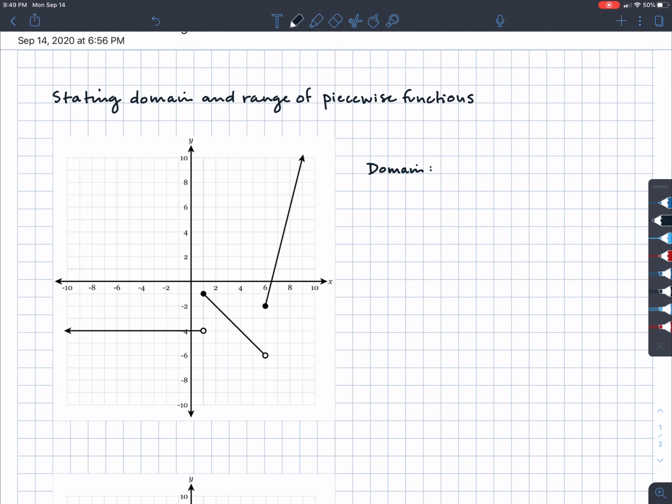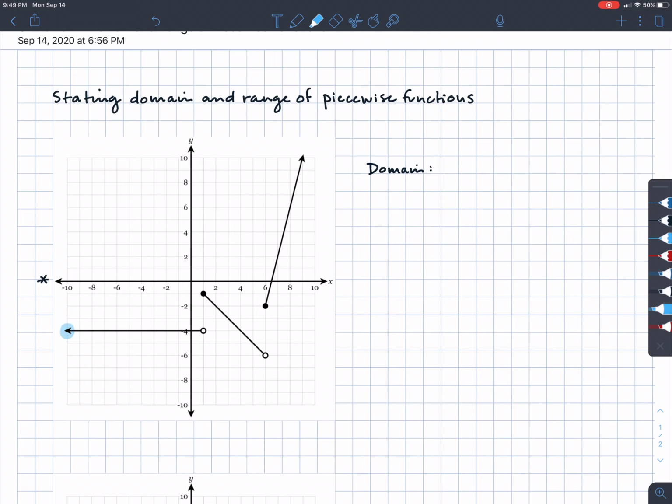Remember, our domain is the set of all our values of x. So for my domain, I always want to start with the leftmost side of my graph, starting from the left, we read from left to right. Notice I have an arrow here.